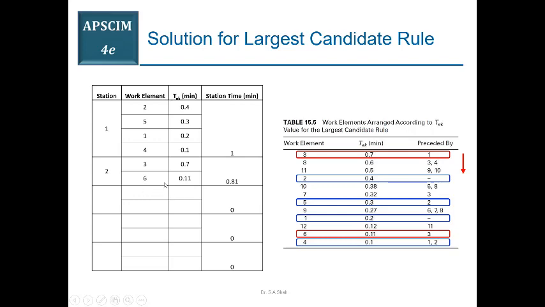And its operation time is 0.81 है. Again, we cannot now assign any further task to this workstation because there is not a single feasible element available right now which can be assigned to this one.